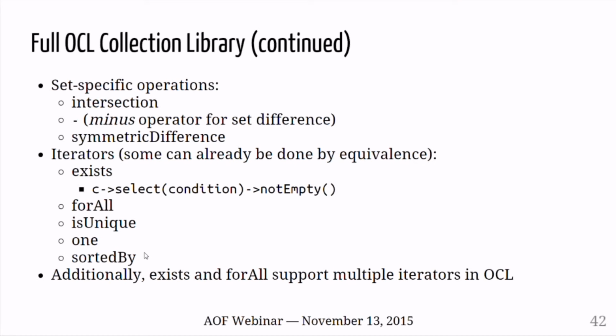SortedBy may be slightly more difficult, but we have some idea. Basically, we would have to play with indexes of elements, because we have to make sure that we keep the relationship between the source and target indexing. One additional thing to note is that exists and forAll can support multiple iterators in OCL. And right now, we don't have operations with multiple iterators.